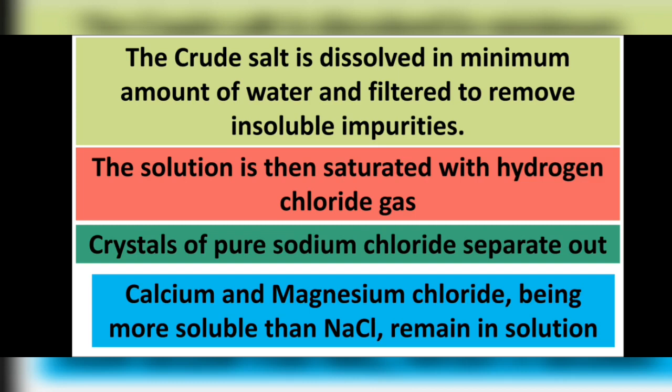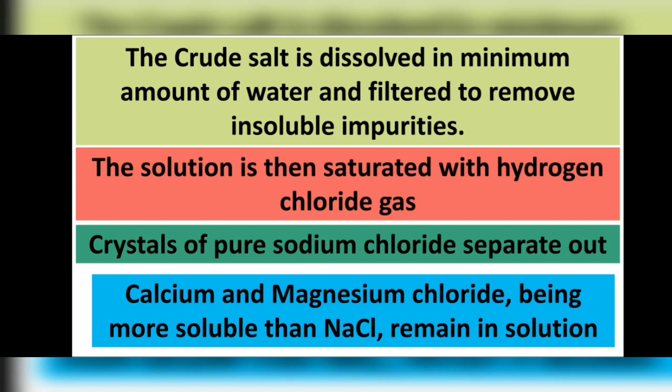Brine solution means sodium chloride solution, seawater, which has to undergo crystallization, and you will get crystals of sodium chloride. That crude salt is dissolved in a minimum amount of water and filtered to remove insoluble impurities. Once you dissolve it in a minimum amount of water, you know that sodium chloride will dissolve in water, so all the insoluble impurities can be filtered and removed.